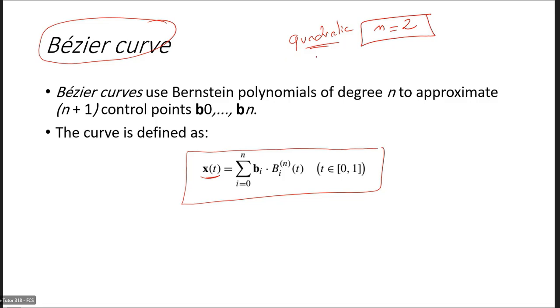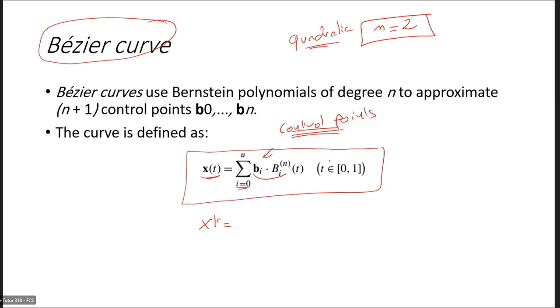So how is this curve defined? Here we have x of t equals the summation for i equals 0 to n of b_i multiplied by b_i,n, and these b_i are the control points, the points of the curve.